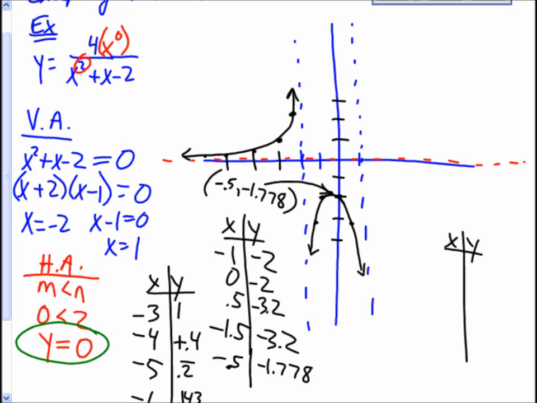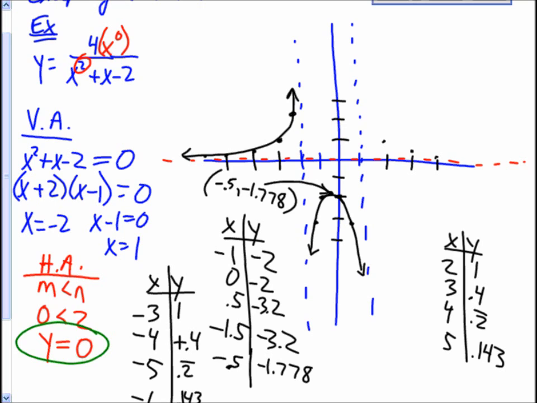All right, now over here. See what's going on to the right of 1. So maybe 2, 3, 4, a few of these points to get us going. 2 gives you 1. 3 gives you 0.4. 4 gives you 0.2. 5 gives you 0.143, and so on.